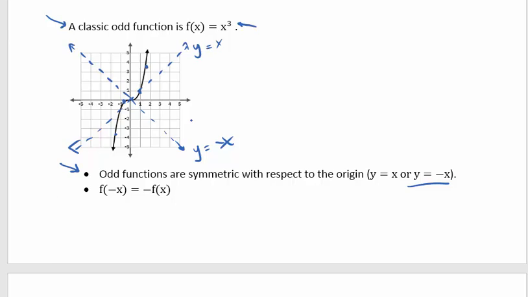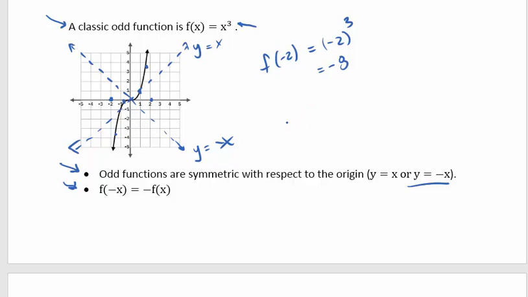The other thing to notice about odd functions is that if I evaluate f of a negative x value, I get the opposite function value. Let's take negative 2 and positive 2 again as my x coordinates. If I take f of negative 2, I'm taking that negative 2 and cubing it, which will keep it negative.